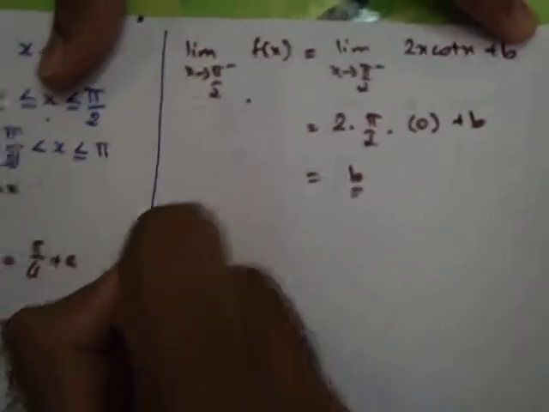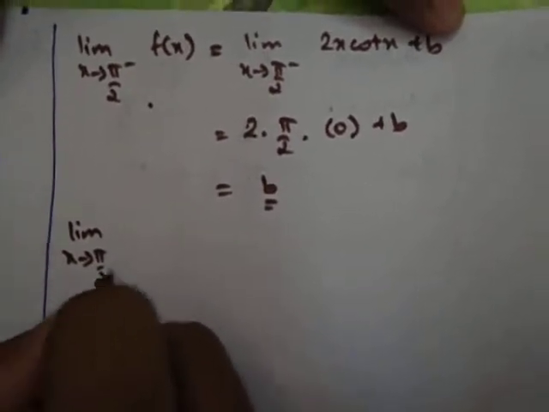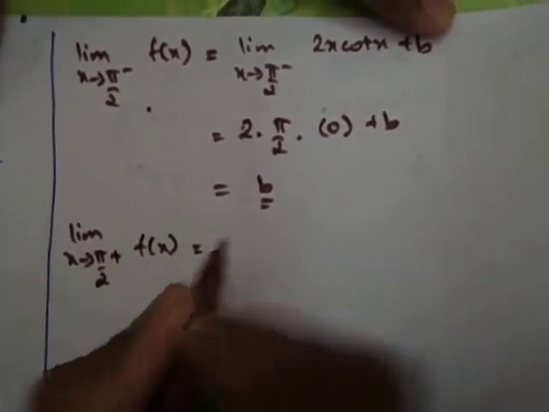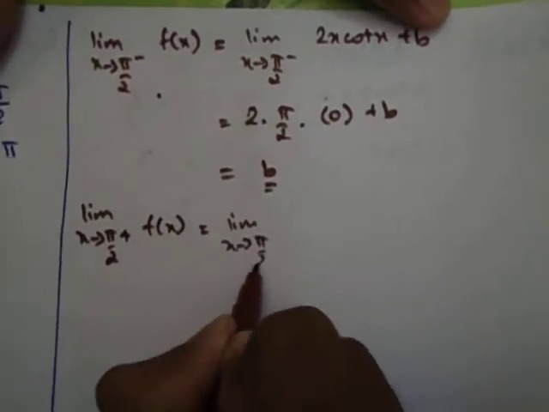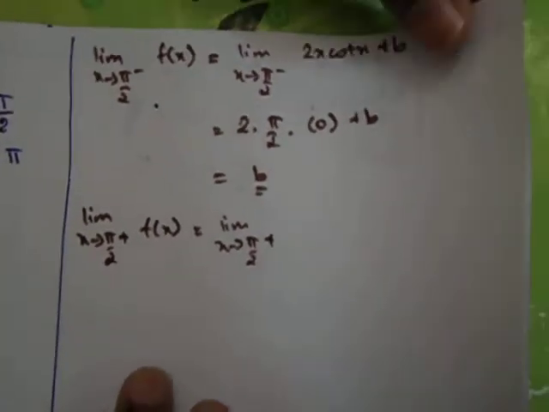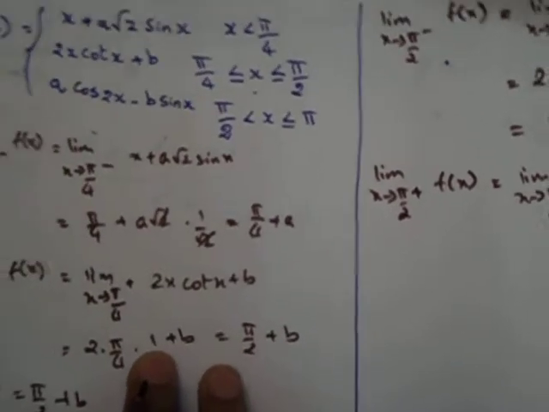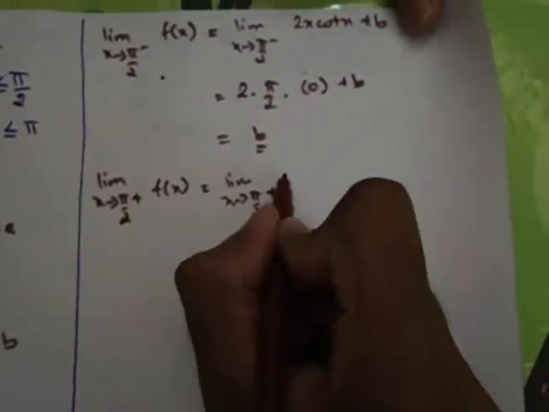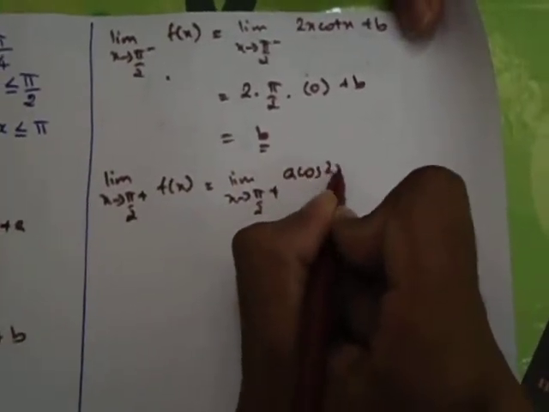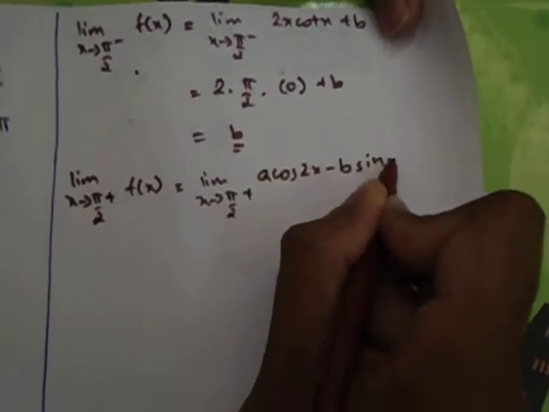And limit x tends to pi by 2 plus of f of x, which means after pi by 2, is defined as a cos 2x minus b sin x.